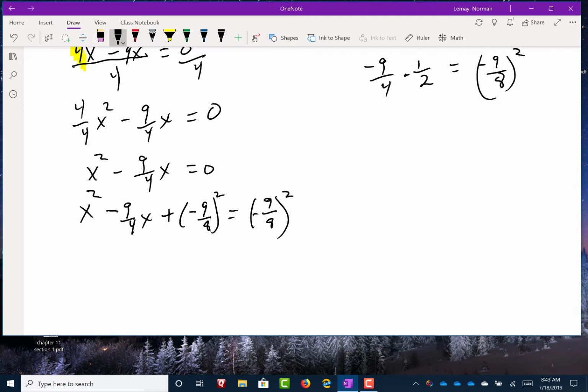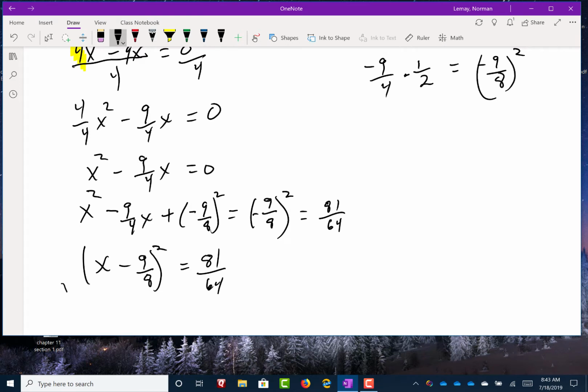So I got my minus 9/8 squared, and let's note that this is just 81 over 64. So now this reduces to x, and then I have to bring the minus 9/8 down, equals 81 over 64.